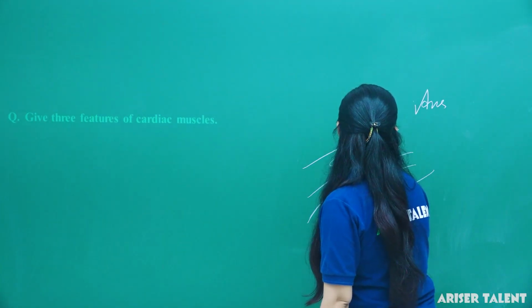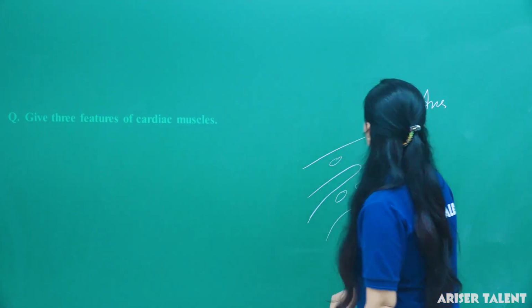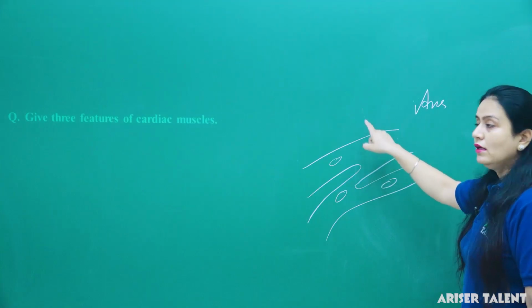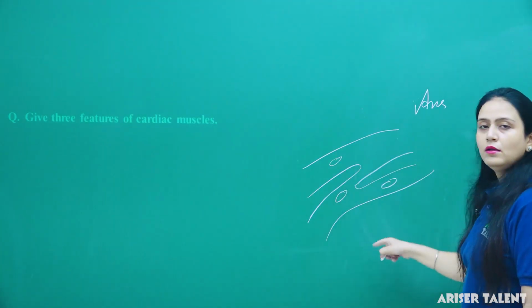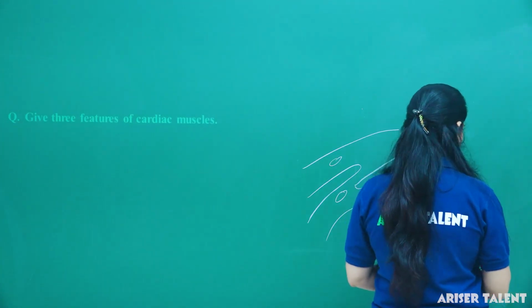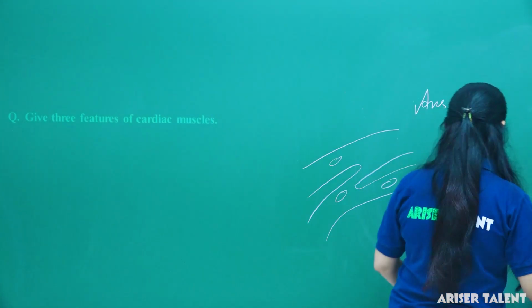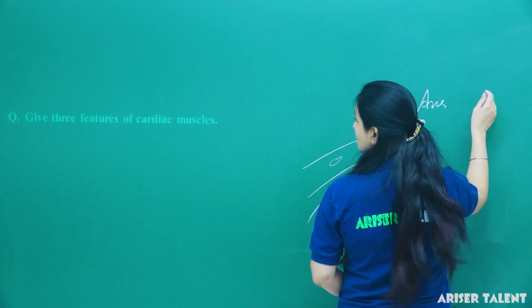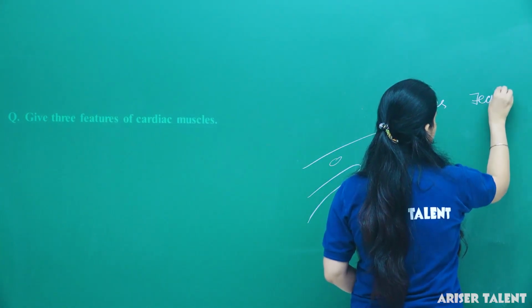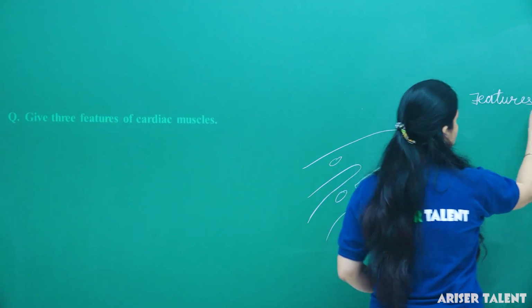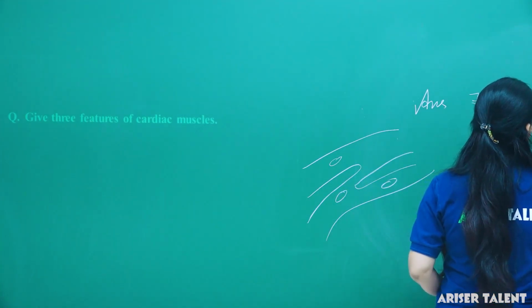So here we can see that cardiac muscles are cylindrical, uninucleated and branched. Here we can mention the features of cardiac muscle.